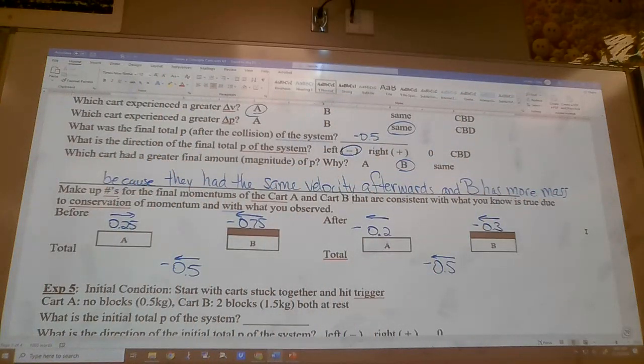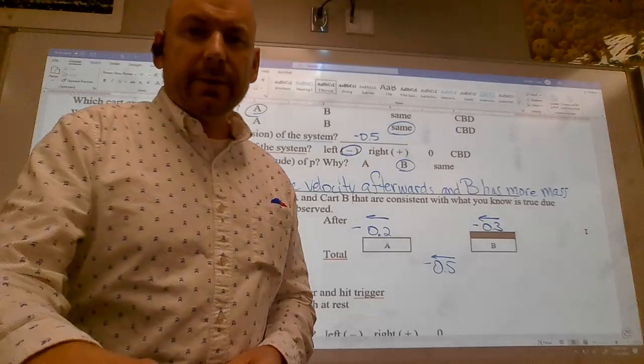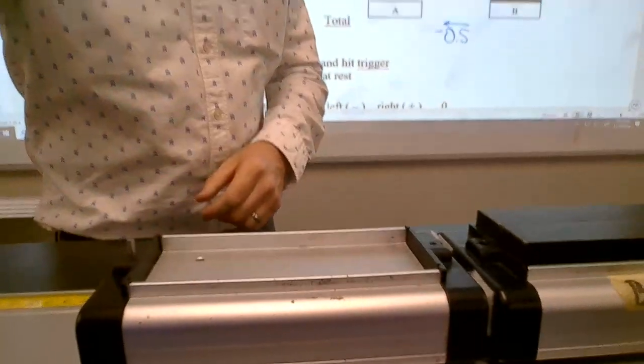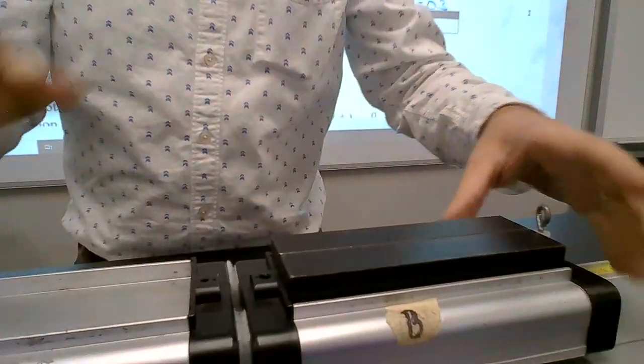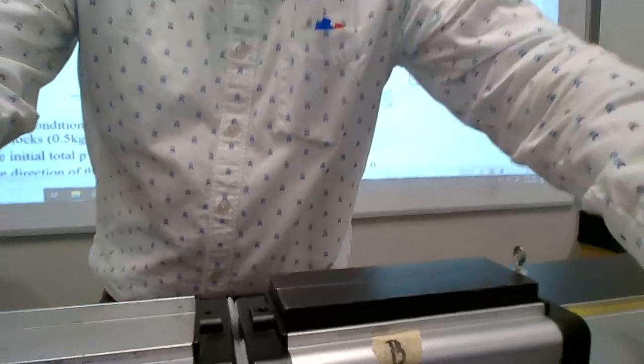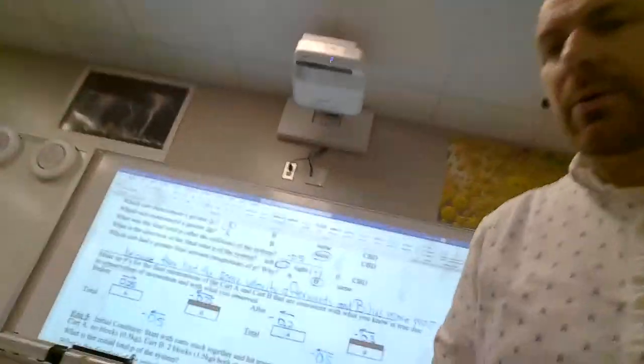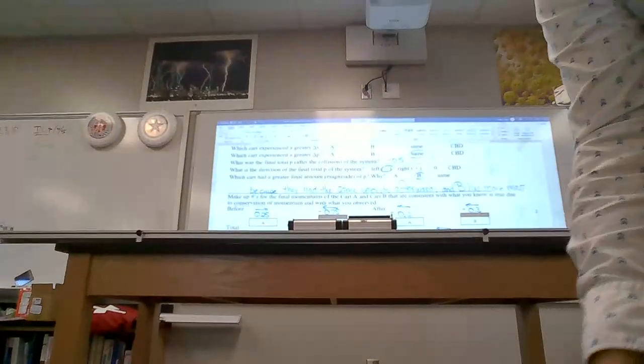All right. Last experiment. This is just experiment number 5. This is looking at these two. They're connected, and we're going to do an explosion. They're at rest. What do you think is going to happen?